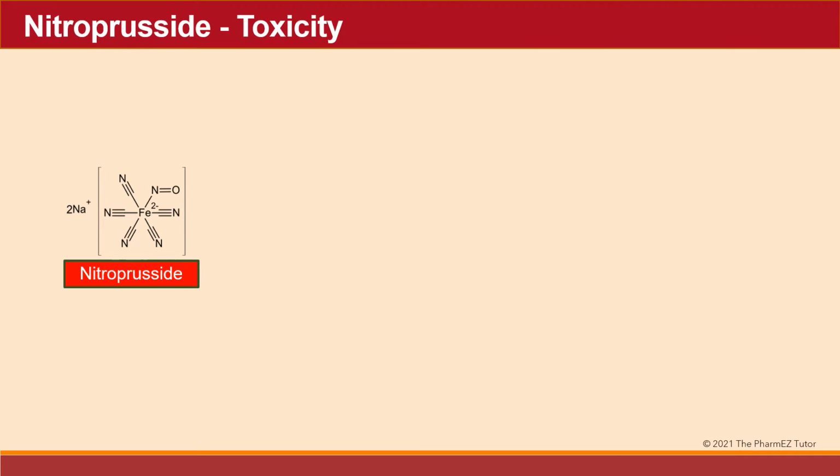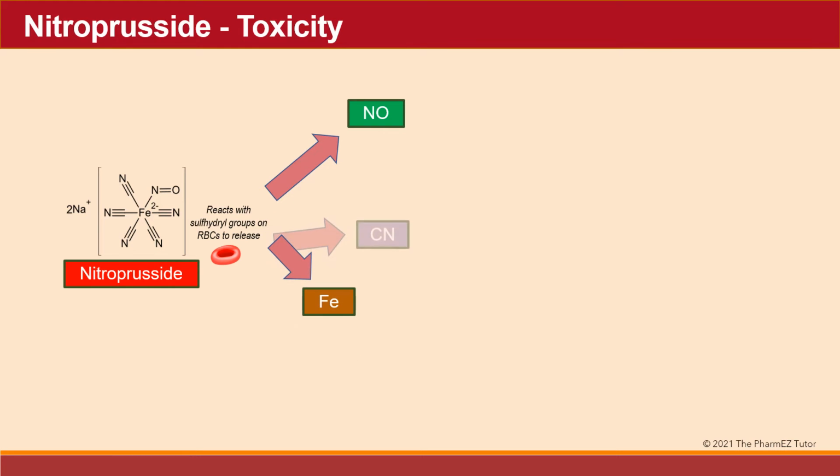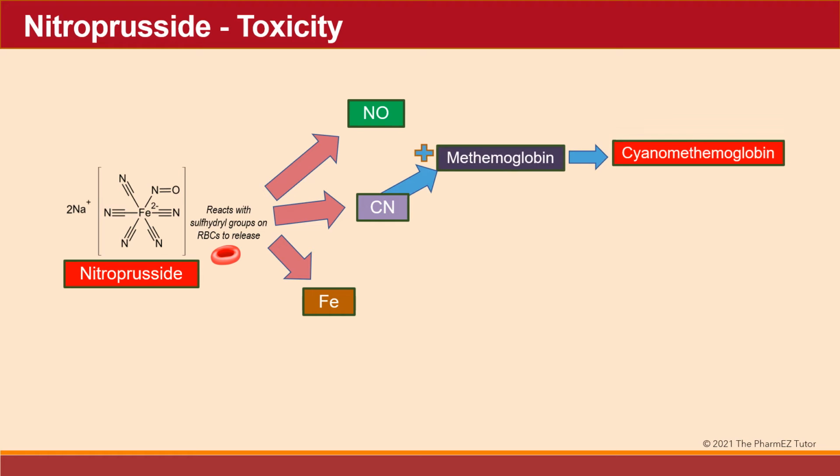To answer this question, we need to talk about the toxicity of nitroprusside. As stated before, nitroprusside reacts with sulfhydryl groups on red blood cells to release nitric oxide, iron, and cyanide. Each molecule of nitroprusside releases 5 cyanide radicals, which reacts and binds with methemoglobin to produce cyanomethemoglobin.